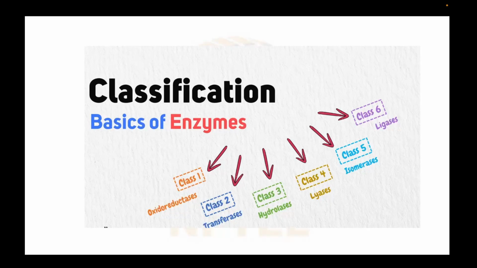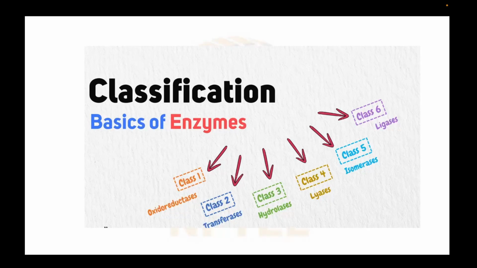Then we have lyases, which break chemical bonds without using water or redox reaction, and these lyase reactions often form double bonds or cyclic compounds. Lyases include decarboxylases, aldolases, etc. Then we have isomerases.